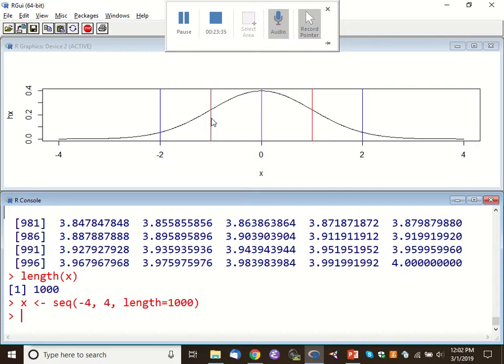By default, because we didn't tell it what standard deviation to use, it's going to give us back a standard deviation of 1. So if you look at the 2 red lines, they are a depiction of what plus or minus 1 standard deviation means in this normal distribution. 68% of the values that come from this normal distribution should fall between those red lines.